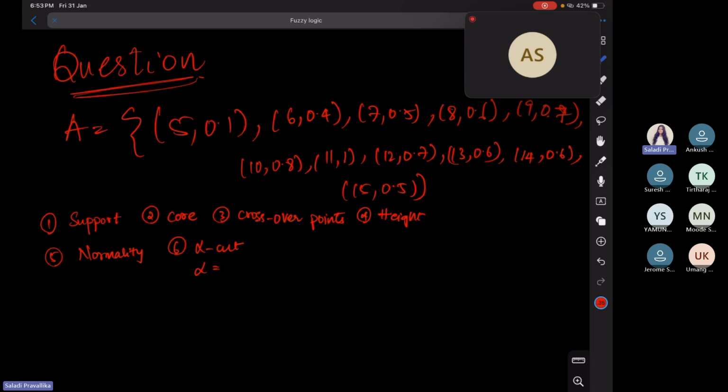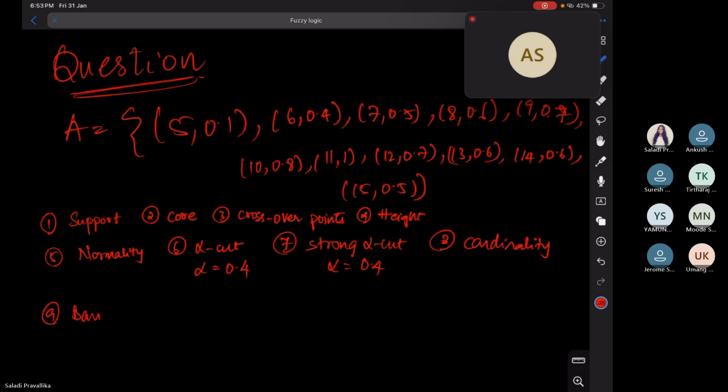Shall we take 0.4? Okay. And then strong alpha cut with alpha equal to 0.4. And cardinality. And then bandwidth.